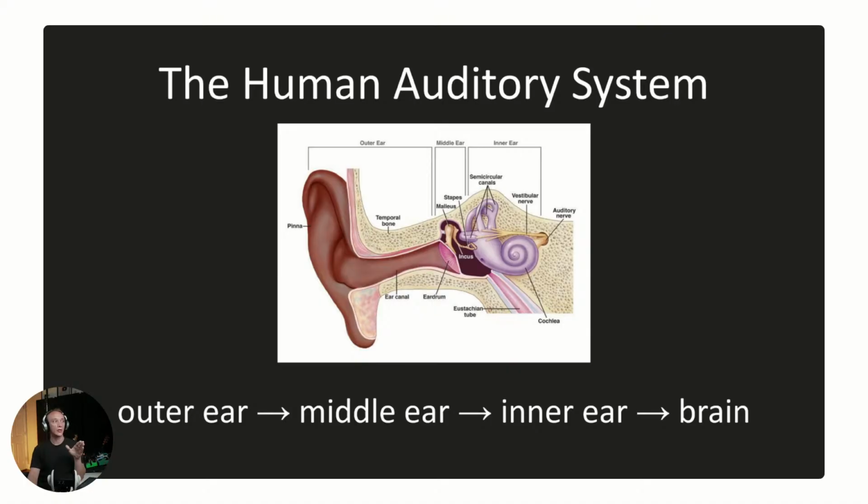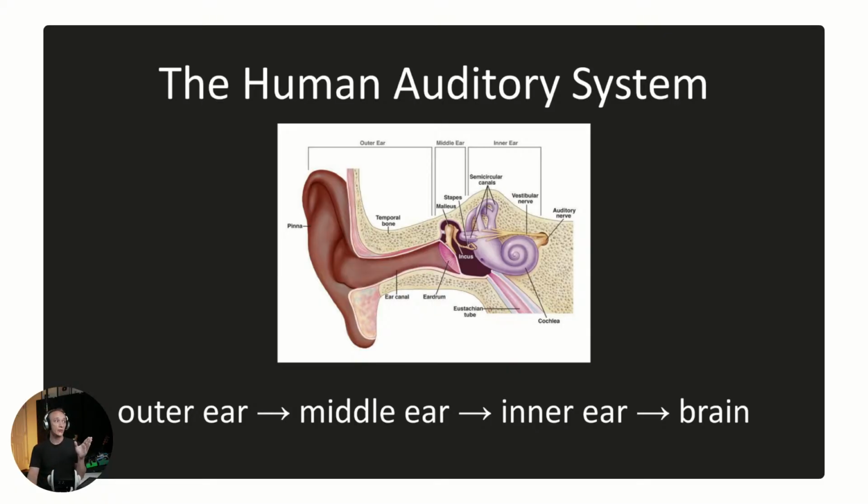Once you get through the ear canal, you reach the eardrum, and then we enter the middle ear. And this is a set of 3 bones that amplify the mechanical energy. So we have acoustical energy coming in, it gets funneled into the ear canal, and then hits the eardrum and creates mechanical energy, which is amplified by these 3 bones.